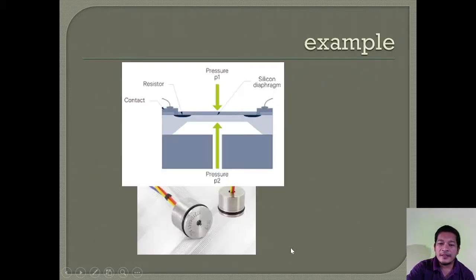Then this is the sample image of the piezo. We have here pressure 1 and pressure 2. Then we have the resistor, then the silicon diaphragm and the contact. Whatever the pressure applied, the electrical equivalents are created together with the structures, the contacts and resistors, and together with the silicon diaphragm.